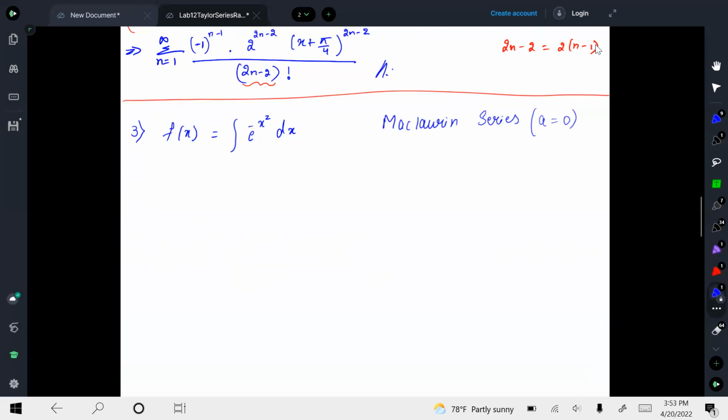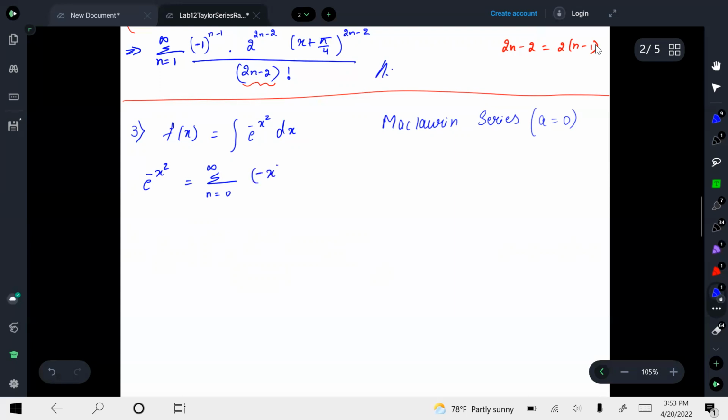Now I can use the formula above, and I can write e to the power of negative x squared equal to the summation from n equal to 0 to infinity. Since we have a equal to 0, I get only x: negative x squared to the power of n divided by n factorial.